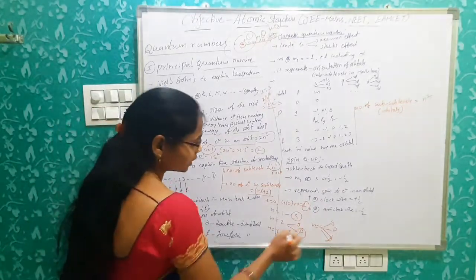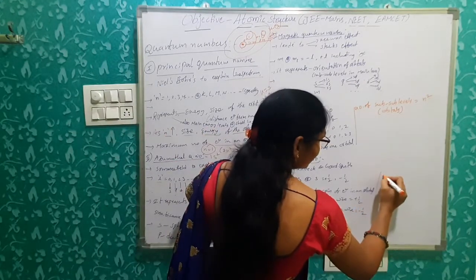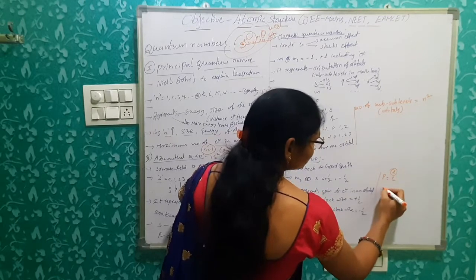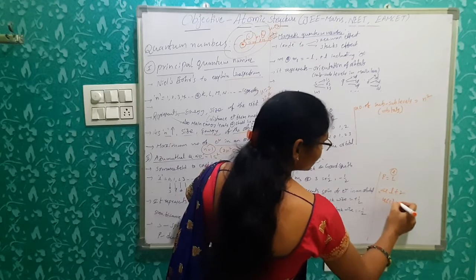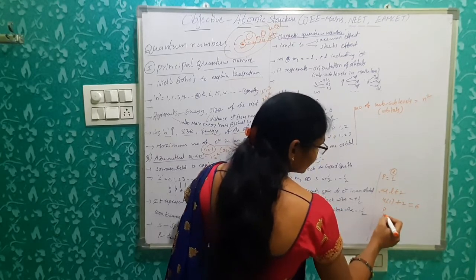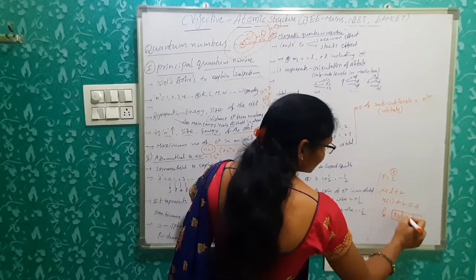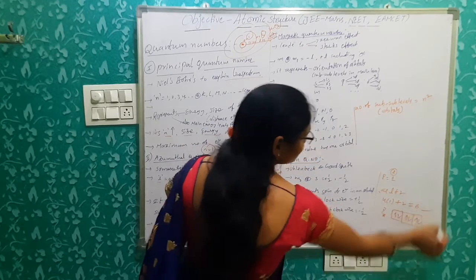For the p orbital, l equals 1, so 4l plus 2 means 4 into 1 plus 2. How many electrons? 6 electrons, means in Px 2 electrons. There are 3 degenerate p orbitals, no? So 1, 2, 3, 4, 5, 6. Clear?